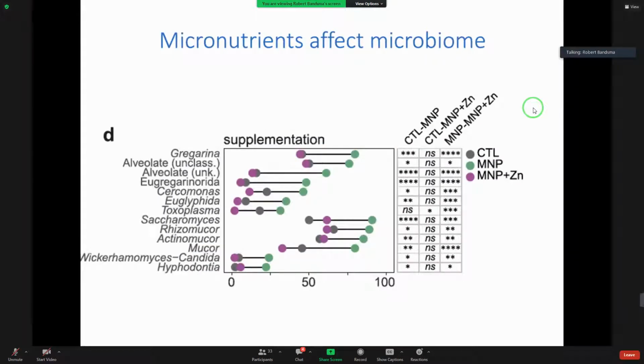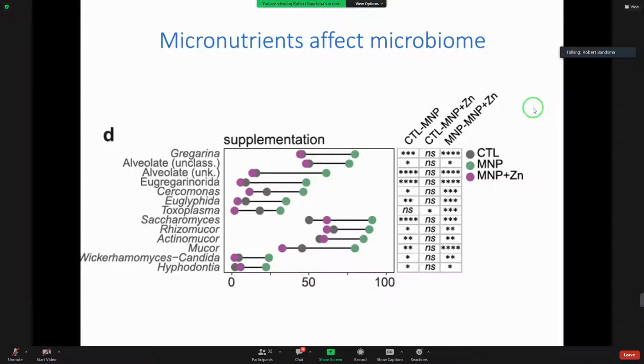This is a study that we performed, a secondary analysis of a trial where children received micronutrient supplementation, and we looked at the effect on the microbiome. So these are the different micronutrients they received.